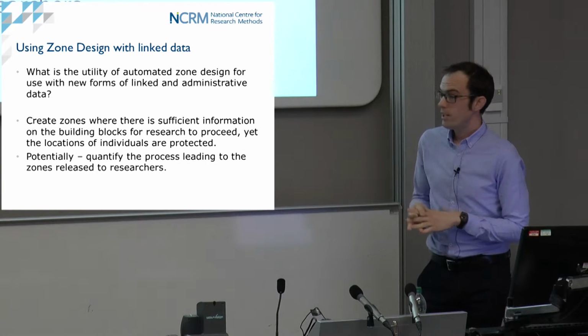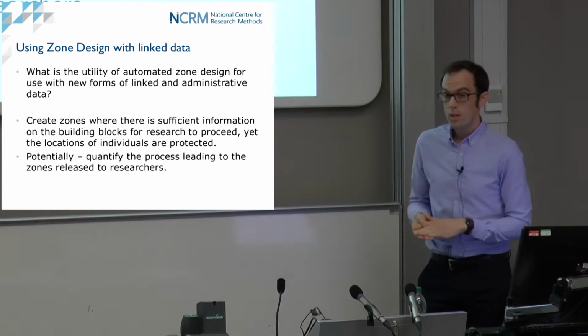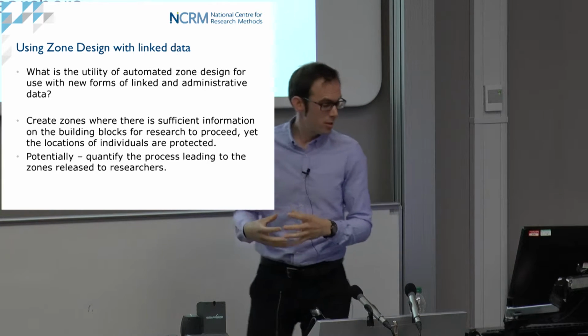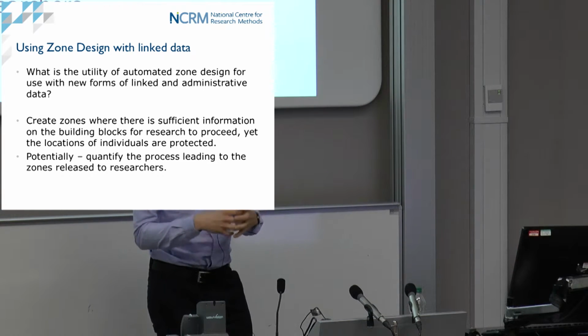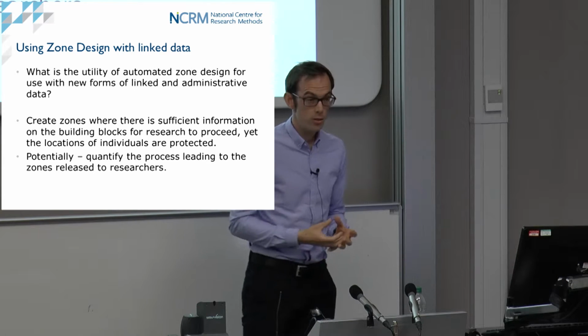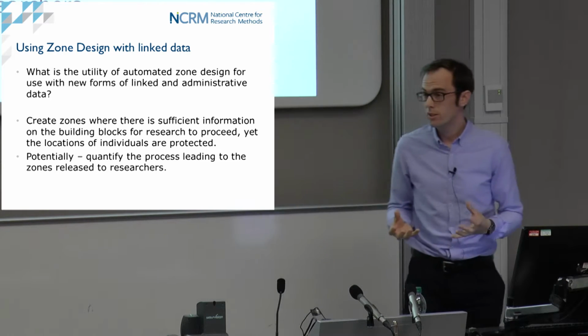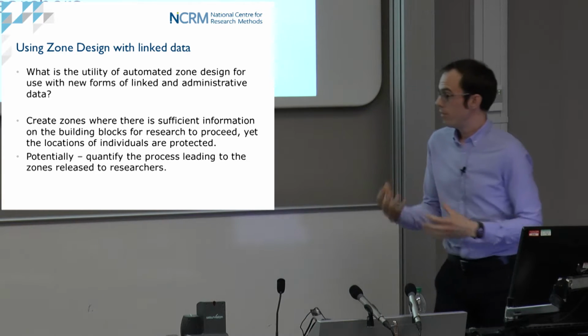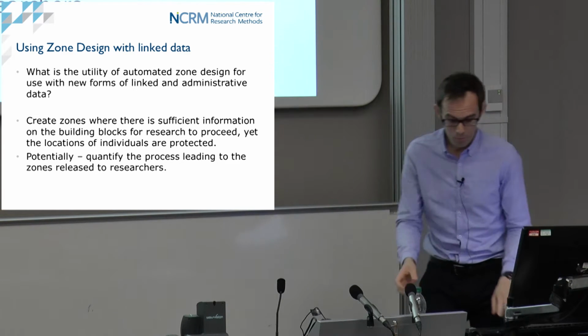We also think that there's the potential for the approach to give a quantifiable solution to the researcher, where there's a clarity over how the zones were created and what the implications of that is for the research and the findings which are made.